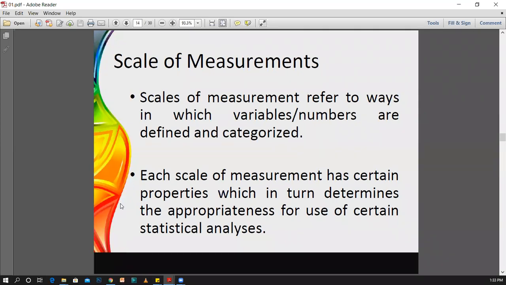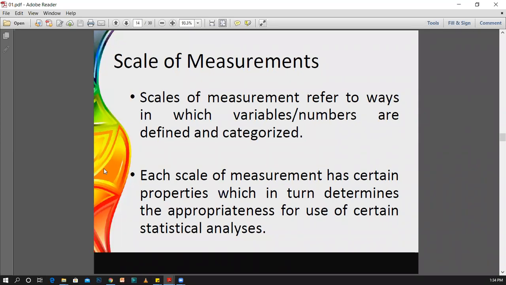As a simple example, if I ask you your weight and you answer that my weight is 55 kilograms, 50 kilograms, and 45 kilograms, and I need the average of these three, I can add 50, 55, and 45 together and divide by 3, and I will get the answer 50.